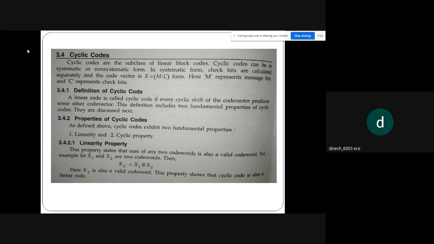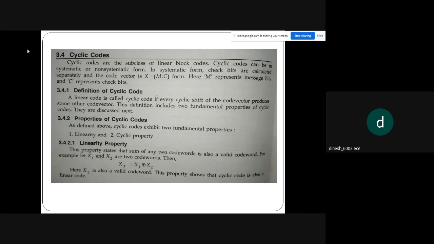In systematic form, the codes are separated by a semicolon, where x, the transmitted vector, is a combination of m and c. M is the message bits represented in k, and c is the check bits measured in q. Q is the number of bits of c.